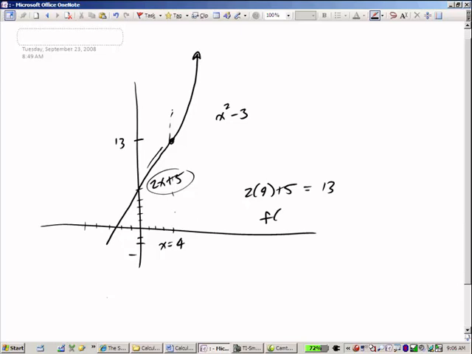So f of 4 is 13 for the first equation, and f of 4 is going to have to be 13 for the second equation. So we need to set x squared plus k equal to 13. So when I plug 4 in, I get 16 plus k equals 13, k equals negative 3.